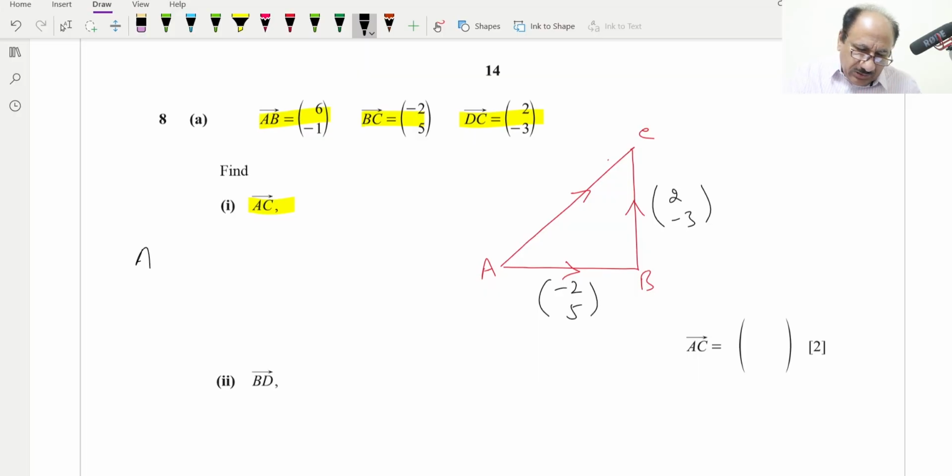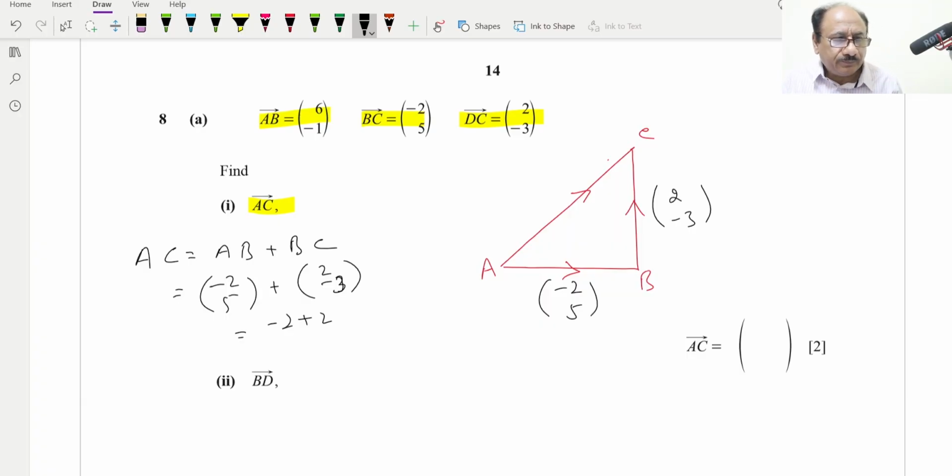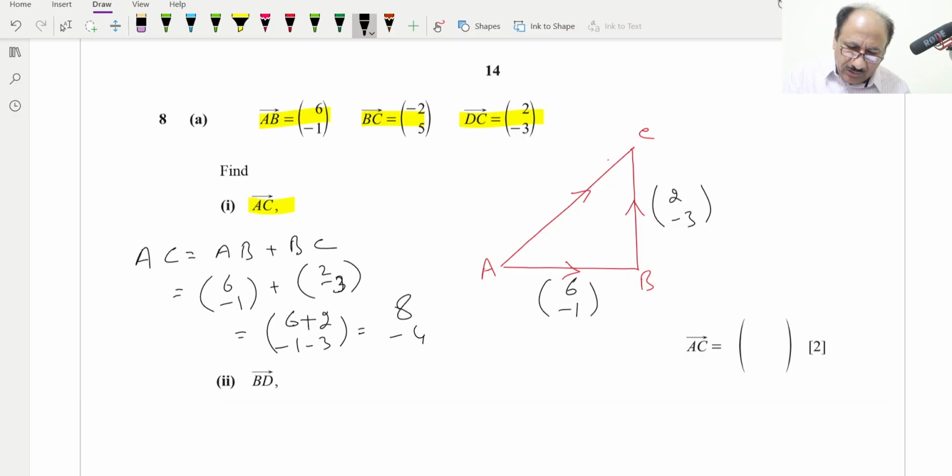So we can write AC is equal to AB plus BC, and we can add AB and BC. Basically AB is not this one, we have taken it by mistake. This should be 6 and minus 1, so we will change this to 6 and minus 1. So this will be 6 plus 2 and minus 1 minus 3, and this will be 8 and minus 4.